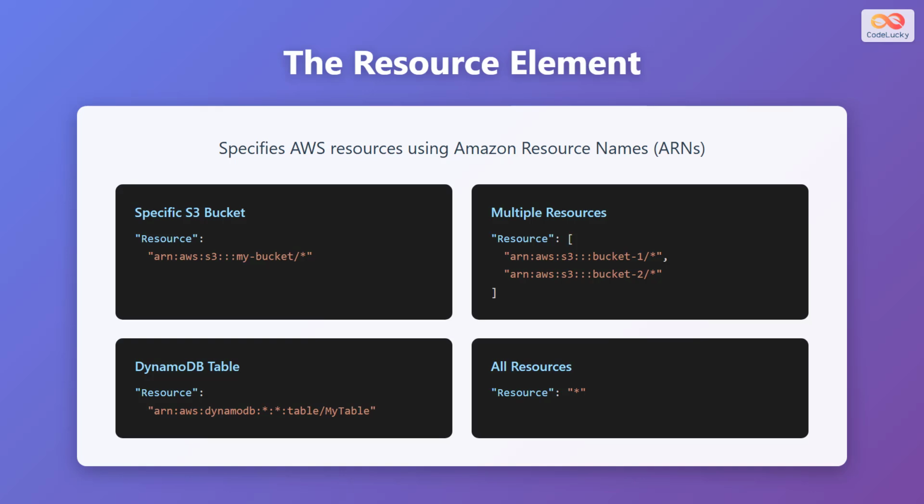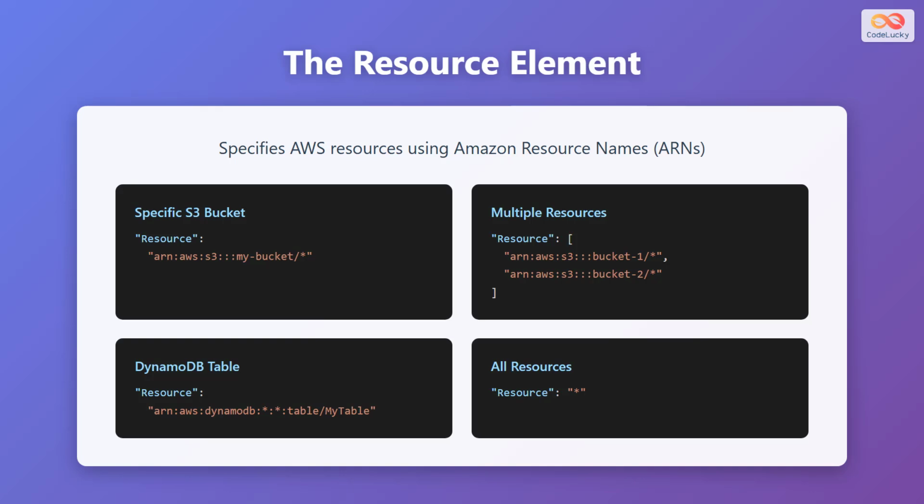The resource element specifies which AWS resources the policy applies to using Amazon Resource Names, or ARNs. For example, to target a specific S3 bucket, you use an ARN like arn:aws:s3:::my-bucket/*. The asterisk at the end means all objects within that bucket.